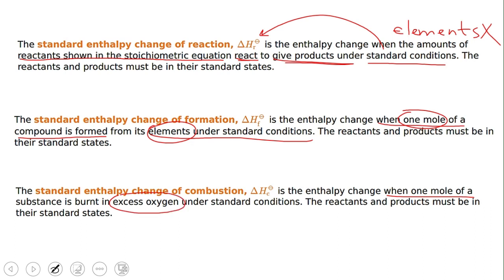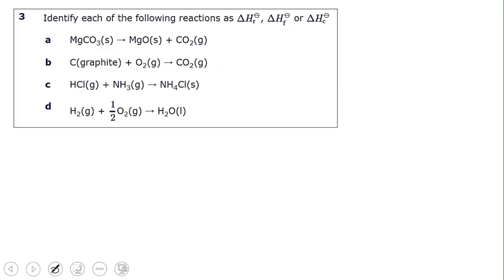In that case, the enthalpy change will be known as enthalpy change of combustion. Now we can go back to our reactions and identify them one by one. Very first one, A: MgCO3 is going to produce MgO plus carbon dioxide at the end. So we can look at this reaction one by one.